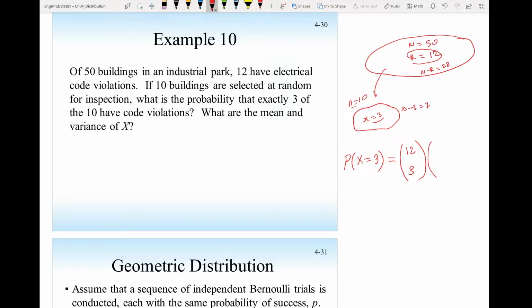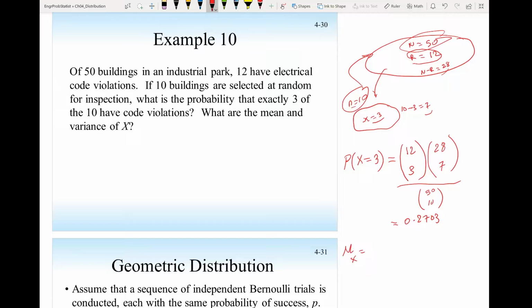How many ways can I choose 7 out of 28? This is how many ways. Divided by the total number of ways I can select 10 out of 50. And if you calculate these, you should get 0.27, 0.03.